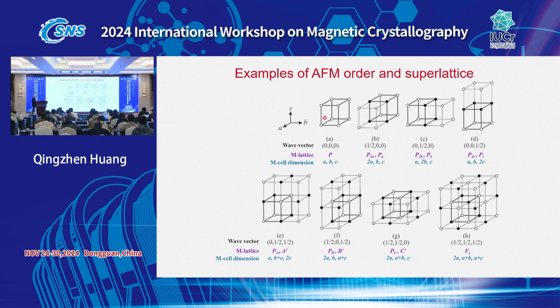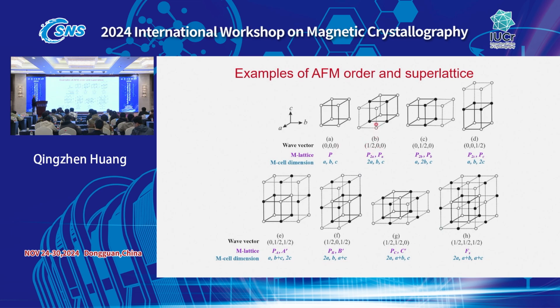Now we consider some superlattices. This is an example of a superlattice. This primitive lattice, we use P to represent that.